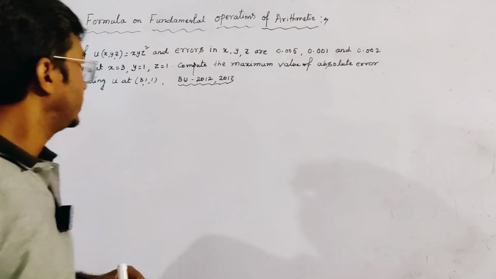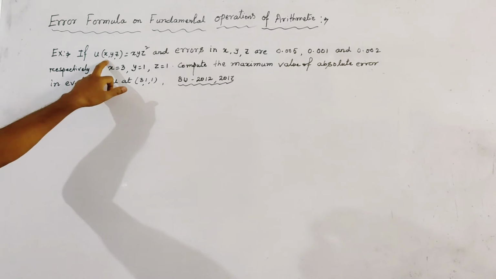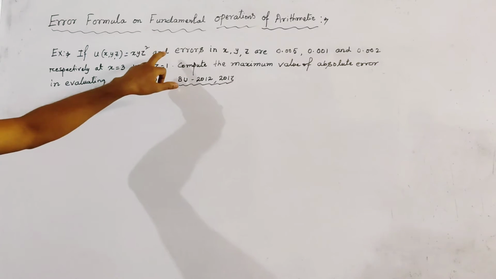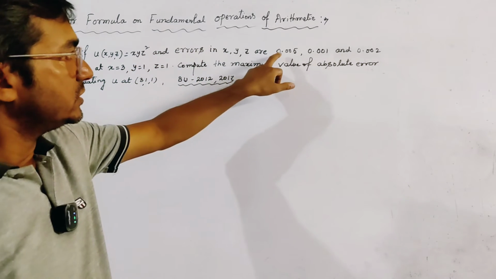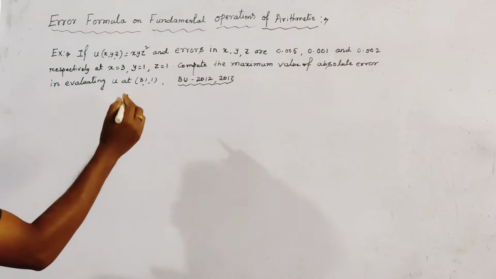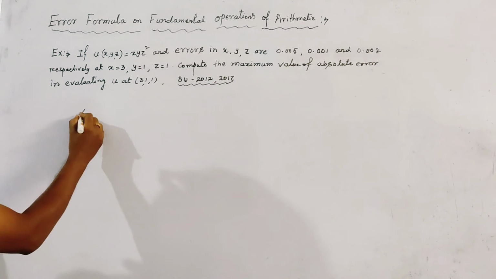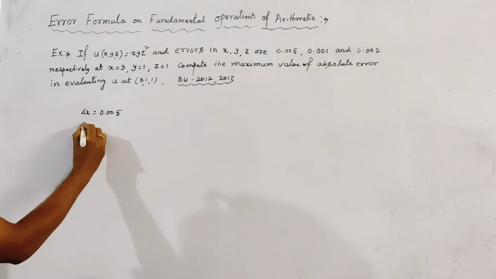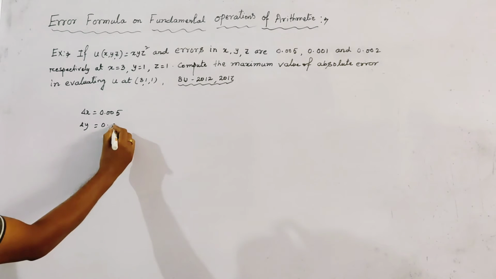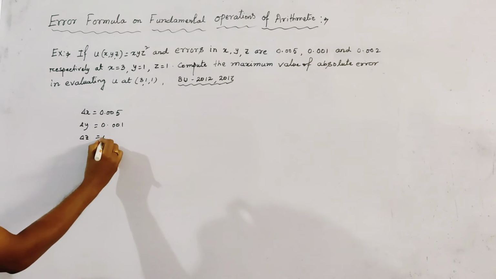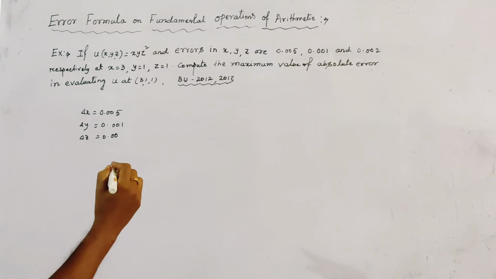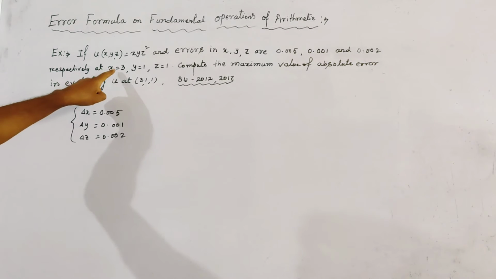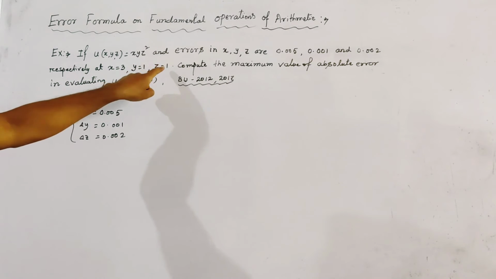The problem is: if u(x, y, z) = xyz squared, a function of x, y, z, and the absolute errors are given: delta x = 0.005, delta y = 0.001, and delta z = 0.002, at the point x = 3, y = 1, z = 1.